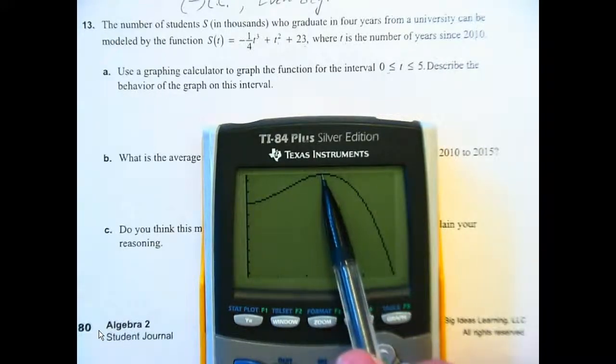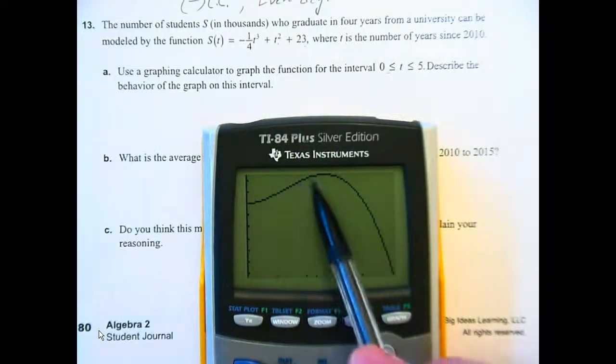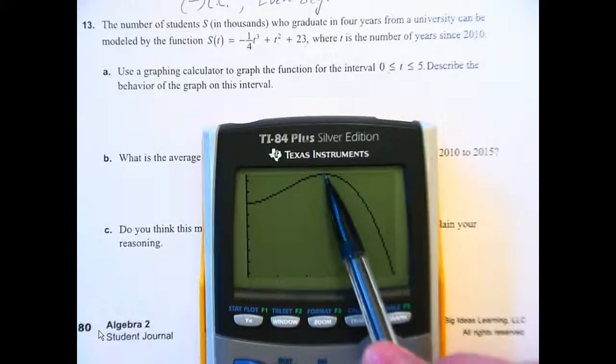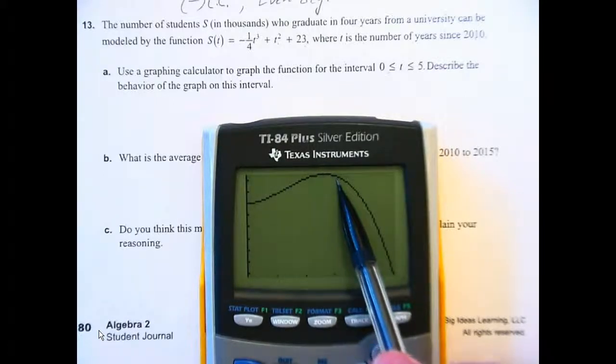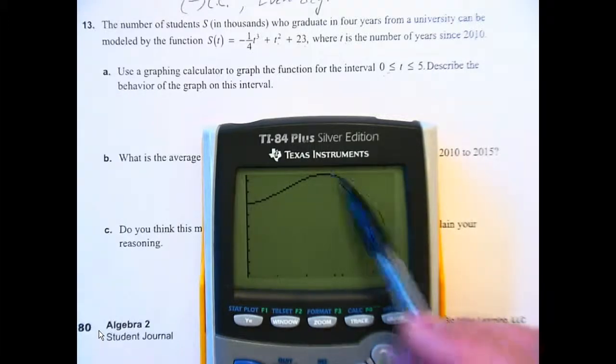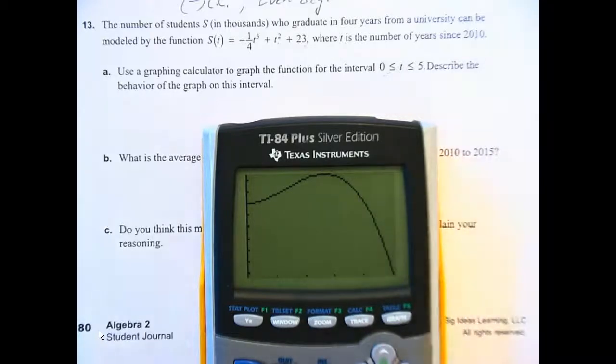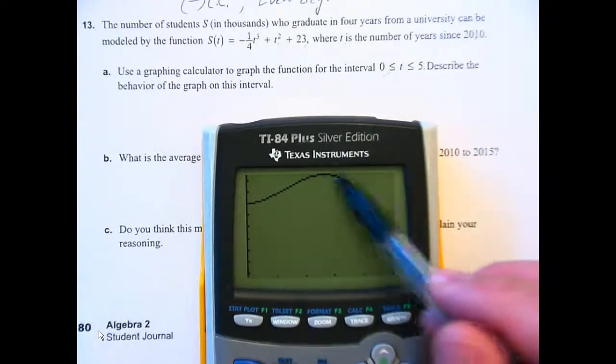It's rising, which means the number of students in thousands who graduate are going up. Until you get to mid-2012, what starts happening? Yeah, they're gone. I don't know what happened to them. Okay? Yeah, maybe so. Okay, around mid-year, the students start declining.